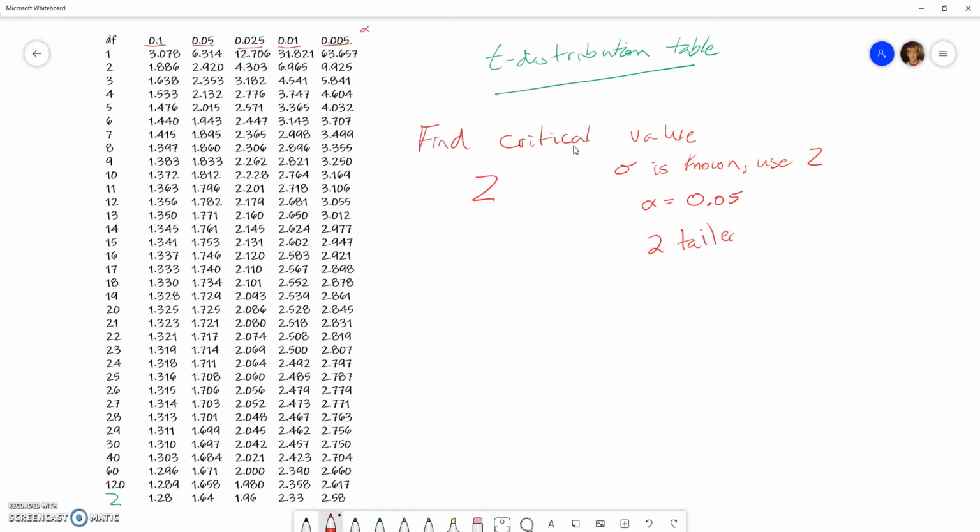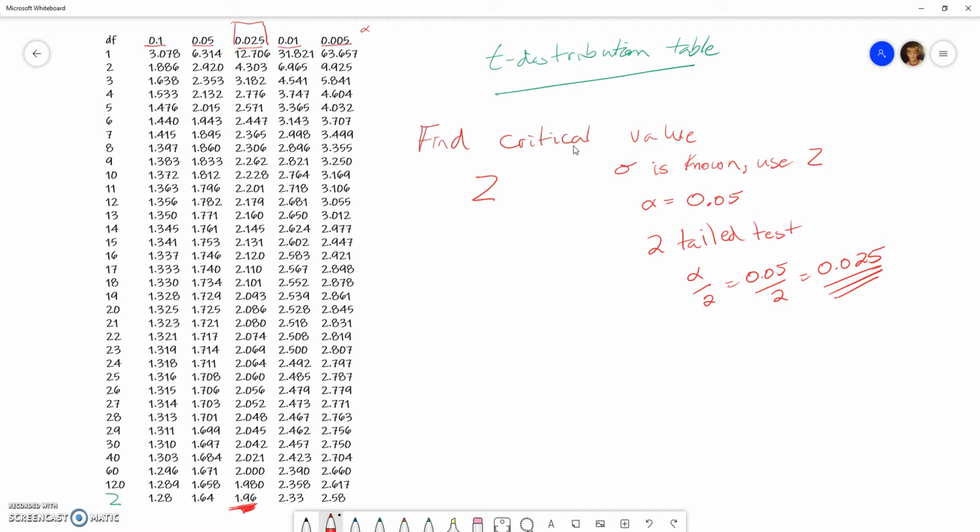In the first example we're working on with McDonald's, it is a two-tailed test. That means we divide alpha by 2 to find the correct column we need to work in. So this is the column, that middle column, and it is going to give us the correct Z value, found right at the bottom. That's why we can use the t-distribution table to find the Z value.